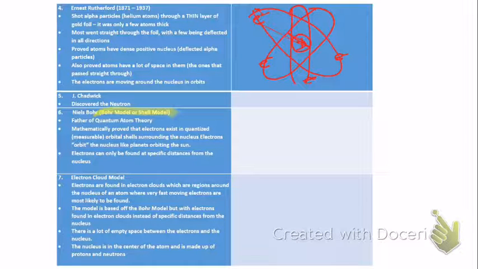It is essentially going to be drawn or look like this, that the protons are in the nucleus with the neutrons, but the electrons are not in specific orbits. Instead, they are found in clouds. I'm going to draw a cloud for you. And these clouds are around the nucleus of the atom.